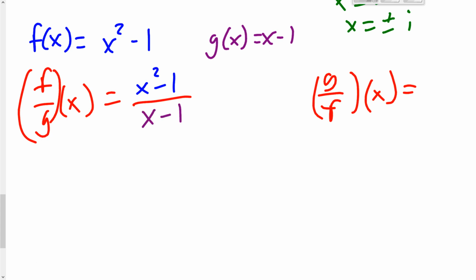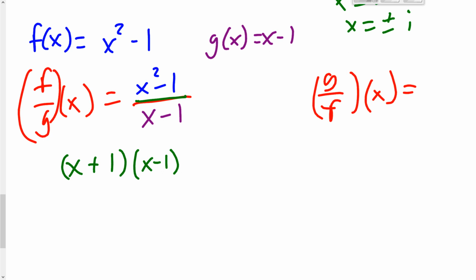So here what we want to do is see if we can reduce this. So we're looking for factors. Can we factor x squared minus 1? Yeah, we factor that to x and x, and then 1 times 1 is 1. And if one's positive and one's negative, they give the middle of 0, because our linear term here is 0.